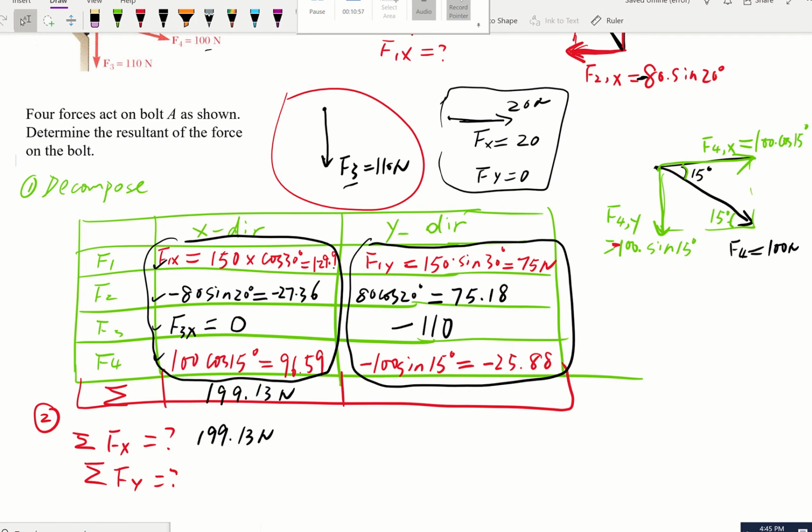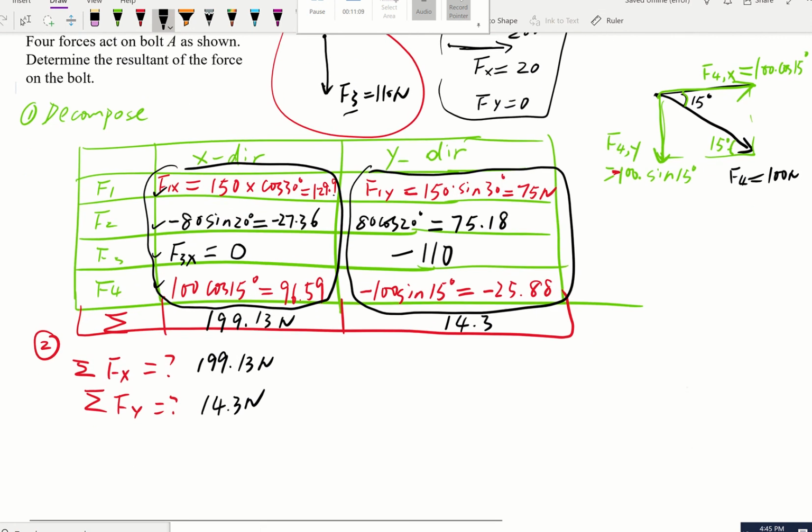Then we have an answer of 14.3 Newton. So that's all the y components added together, considering their signs, right? Going upward, downward, all together.